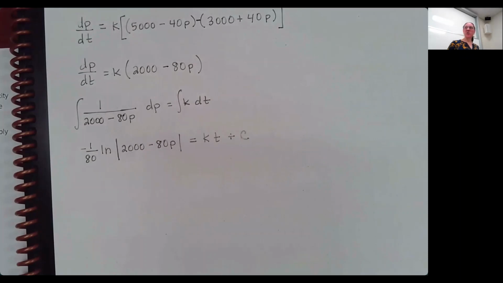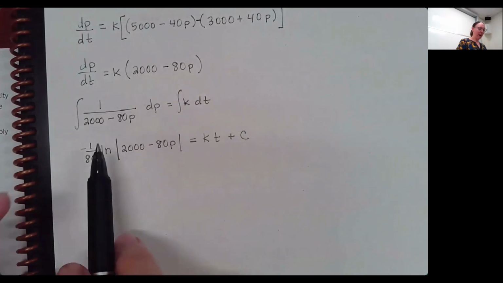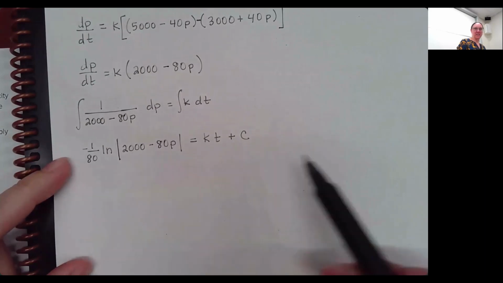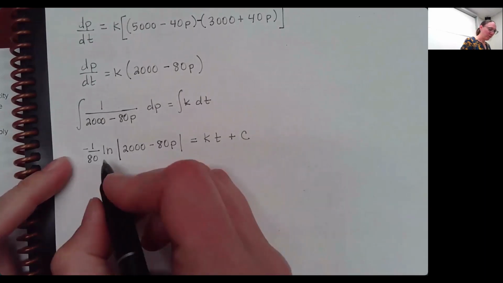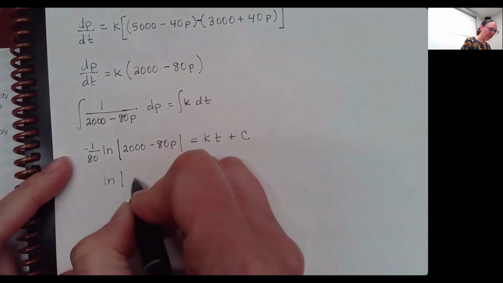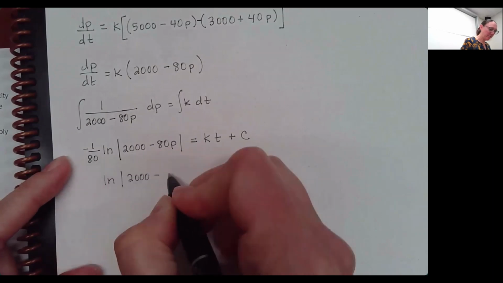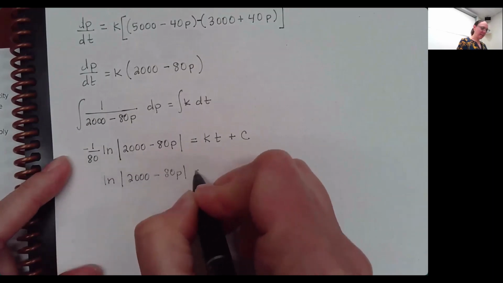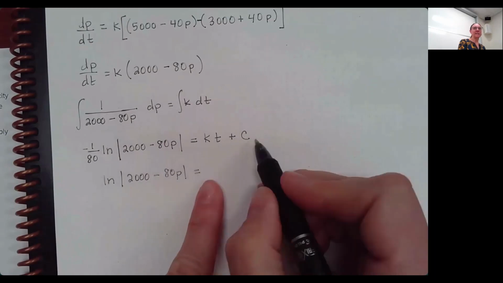So if I go ahead and do the algebra to rearrange for p right now, the first thing that I'm going to need to do is multiply both sides by negative 80. So I'm going to have natural log absolute value 2,000 minus 80p is equal to, now here's where I get to make a choice.